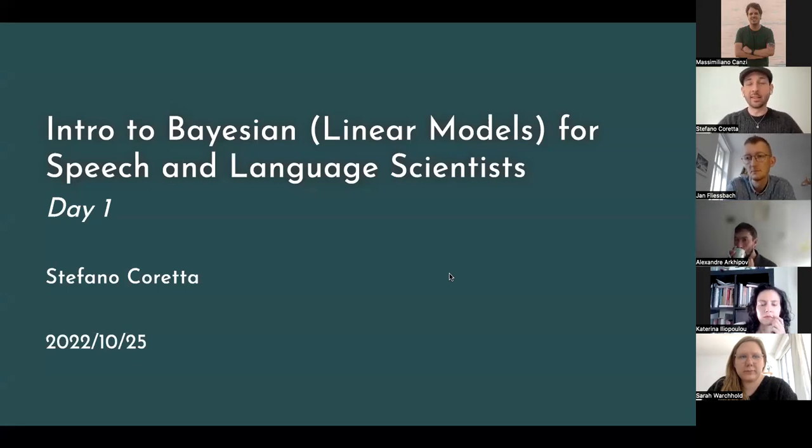So the main workings of linear models, as you know them from lmer, for example, lme4, it's the same. It's just that we're going to give it a Bayesian spin. But then most of the basic aspects that you have to deal with when running models with lme4 will apply also to Bayesian linear models. So this will be an introduction to Bayesian inference, but it will focus on Bayesian linear models.